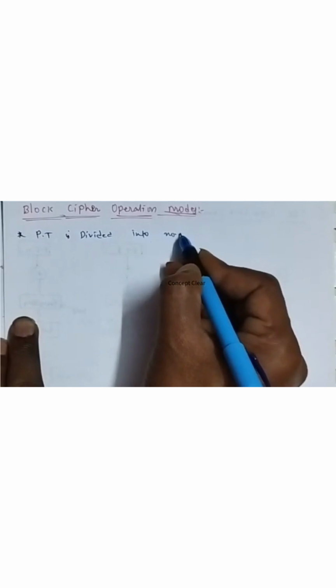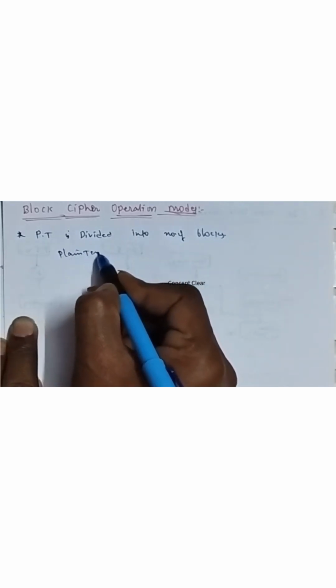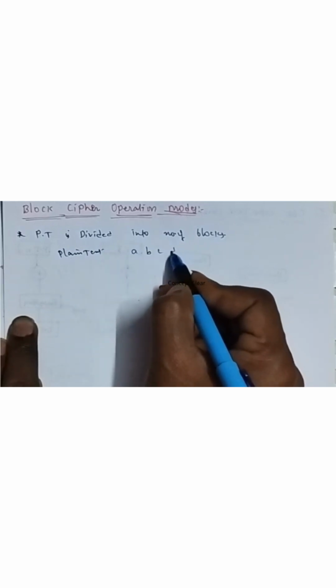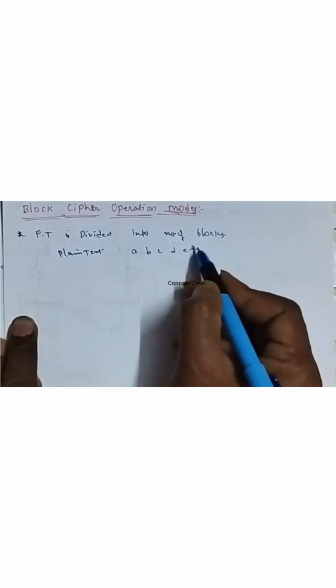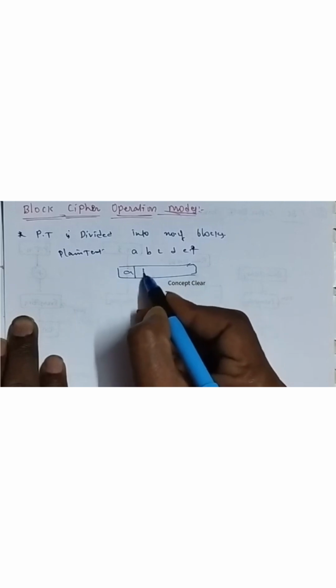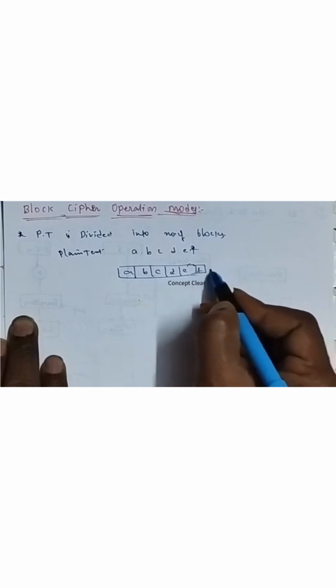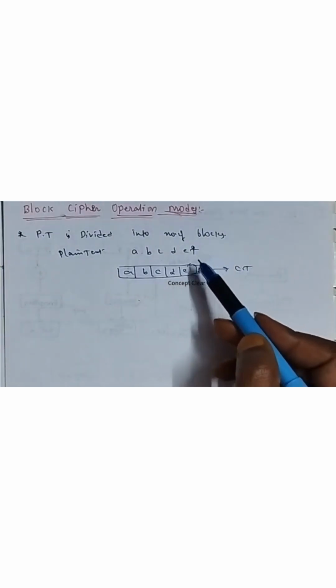For example, the plain text is A, B, C, D, E, F. Then it will be divided into a number of blocks, like A, B, C. Okay, this is the cipher text in block cipher. Why? Because the original plain text is A, B, C, D, E, F, and here the cipher text is divided into a number of blocks.